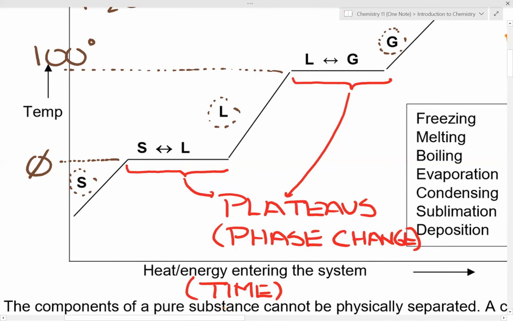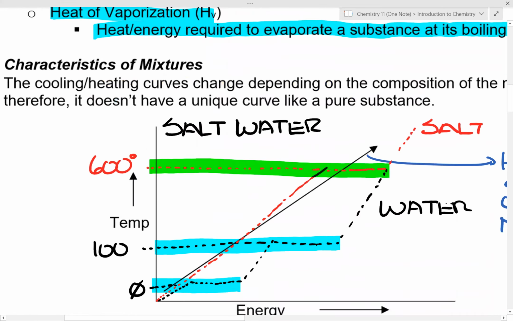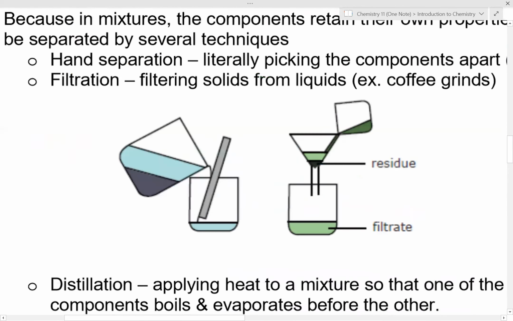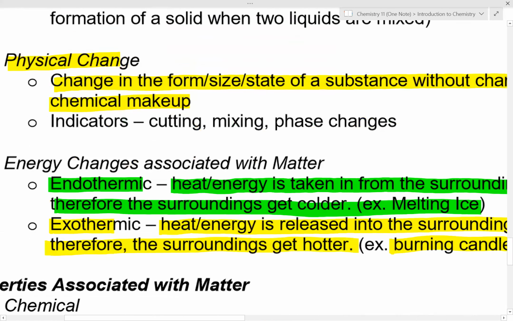But going backwards, going from gas to liquid to solid, energy is released, and that would be an exothermic reaction. So this is why when you, let's say, put your hand over steam, why does it get really warm? Because the steam is condensing on your hand. It's going from gas to liquid. Well, let me go back up here.